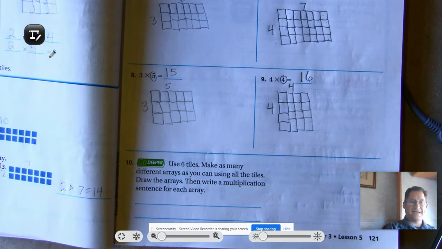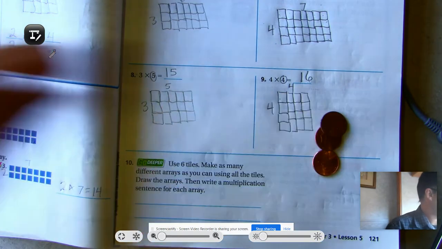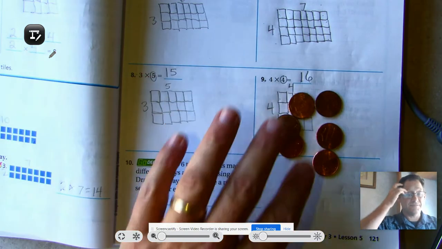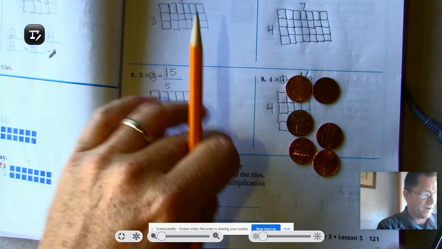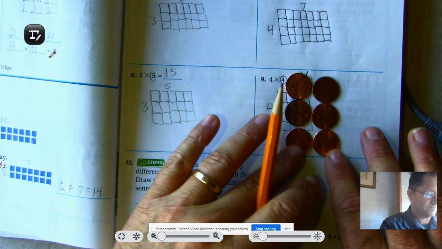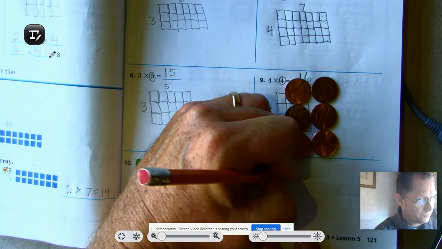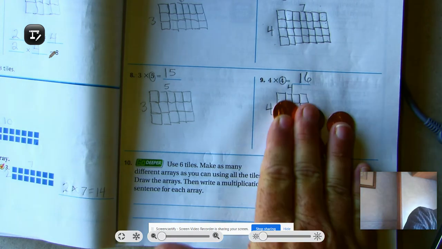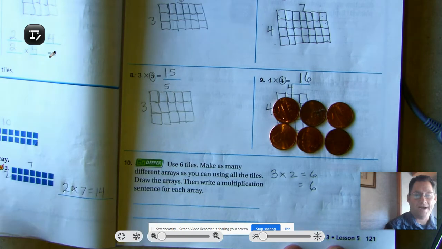All right, number 10, use 6 tiles. Okay, so I'm going to use 6 counters. I'm going to use my pennies again. And it says make as many different arrays as you can using all the tiles. Well, just the way I set this out, I have 3 rows of 2. And if I turn it, I still have 6 tiles, but I have a different array.